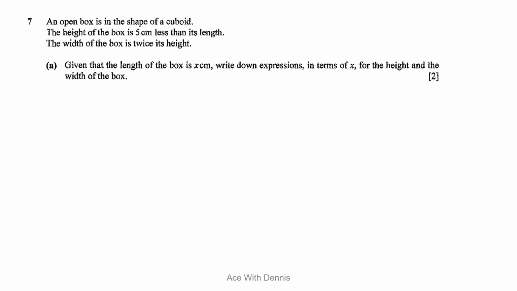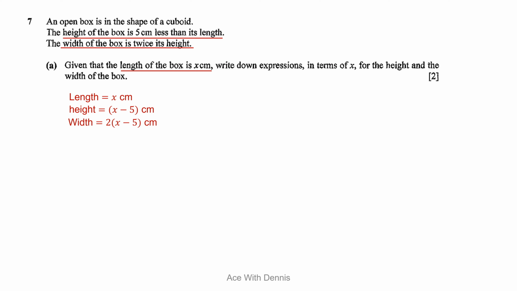2 marks. Given that the length of the box is x cm, then length equals x cm. We need to write the expression for the height and the width. The description says that the height of the box is 5 cm less than its length. Hence, the height is x minus 5 cm. On the other hand, the width of the box is twice its height.